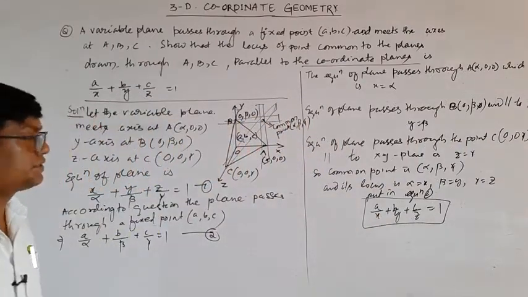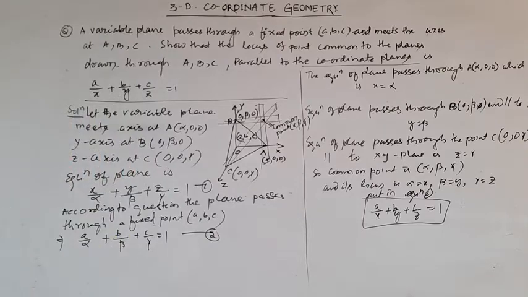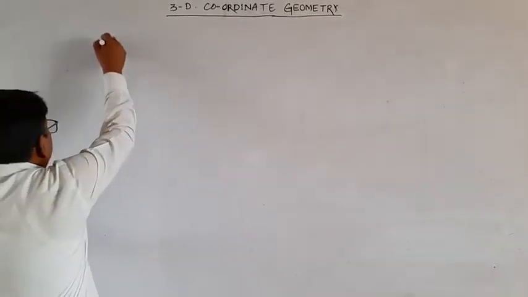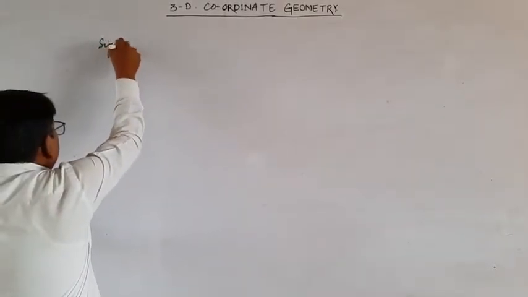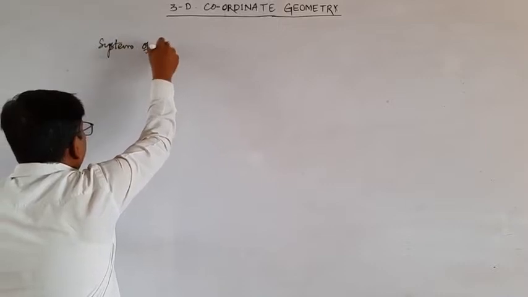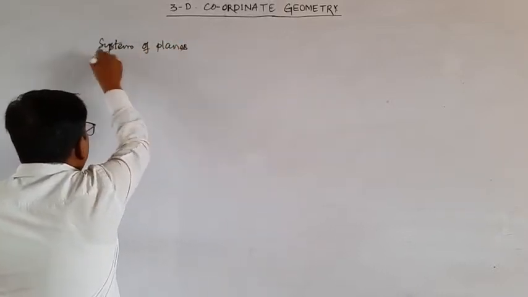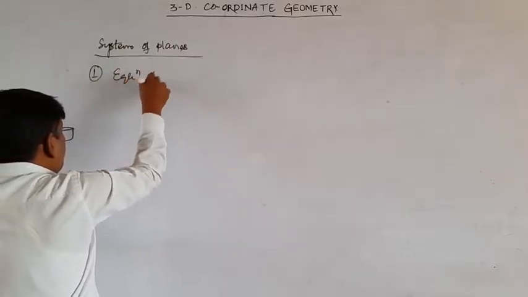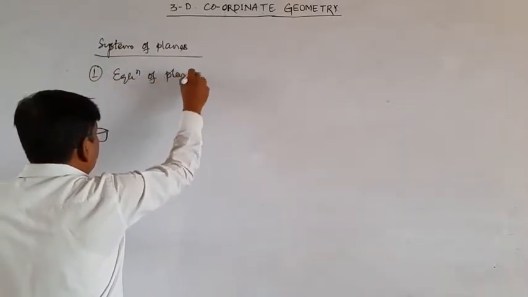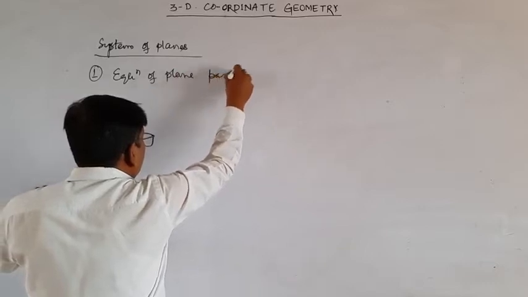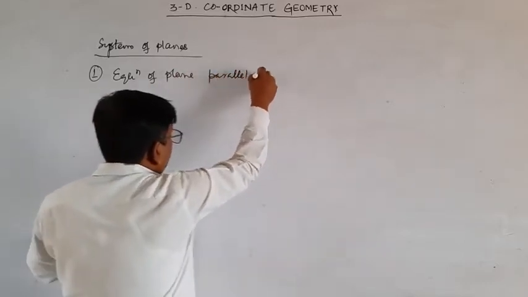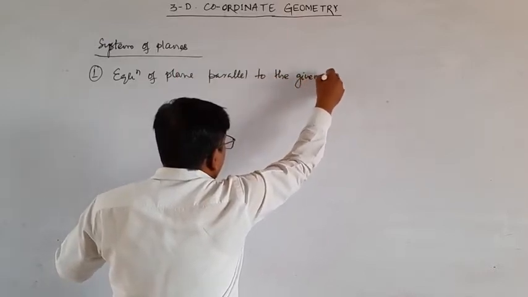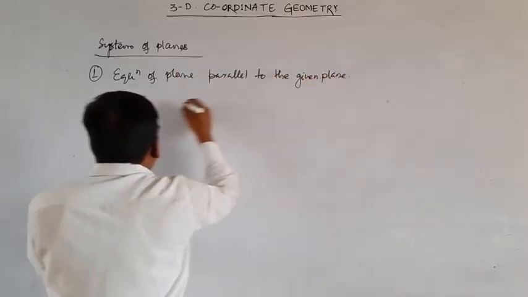Now other concepts: system of planes. Number 1, equation of a plane parallel to the given plane.